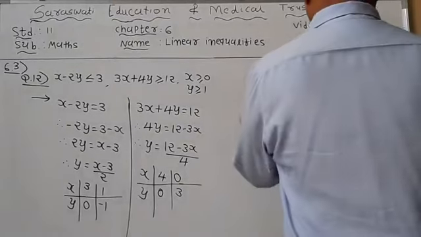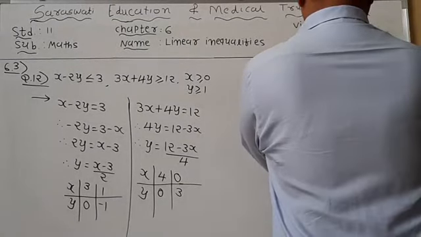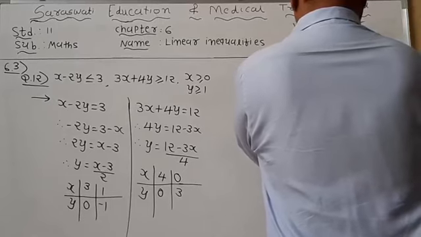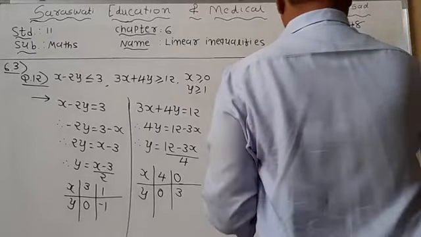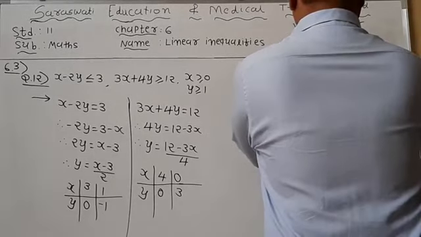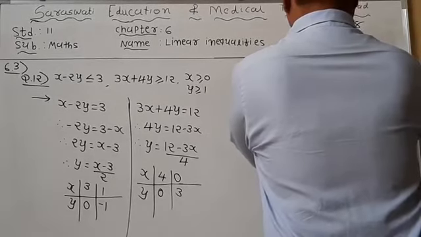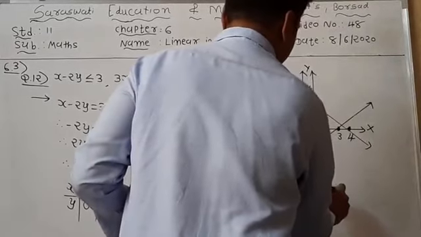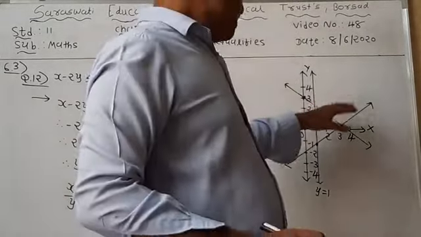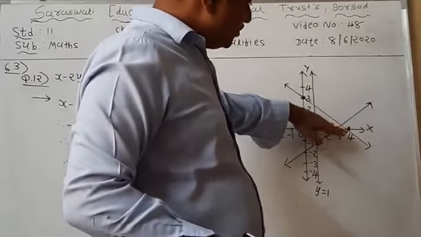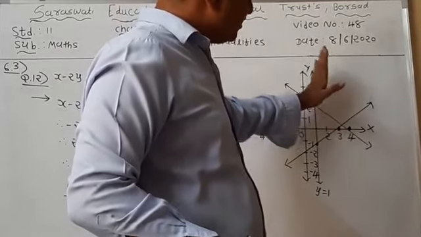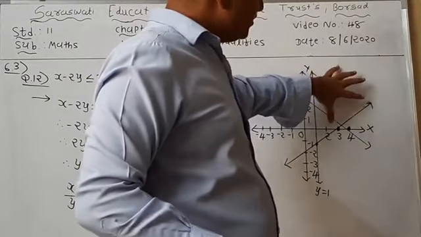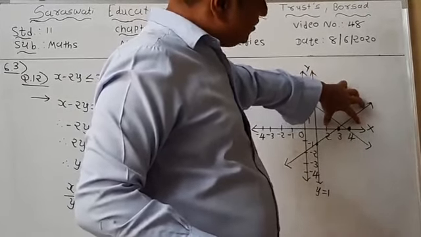And y greater than equal to 1, that means draw this line at y is equal to 1, which means our shaded portion is the upper side of it, and in this portion is our shaded portion.